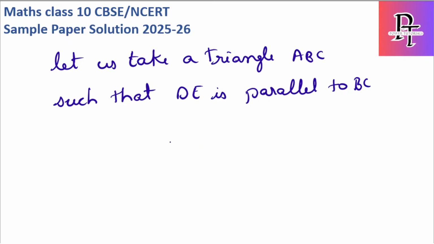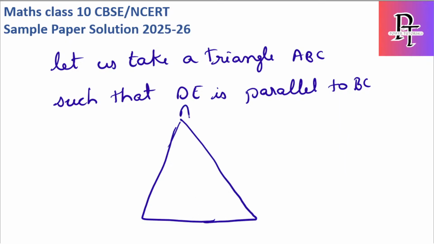Okay, so now this is a triangle here, A, B, C. We have a line DE such that DE is parallel to BC. Okay, now let's mark 2 points M and N, and also join DC and BE, and these angles are 90.